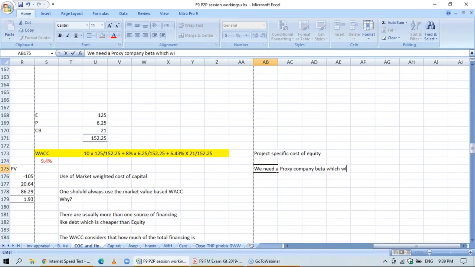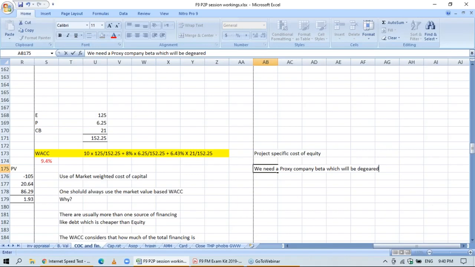Which will be adjusted, which will be de-geared first. De-geared means that, as I said in the last class, the beta involves the business risk and the financial risk both. So we just need the business risk of the automobile industry, not the financial risk.